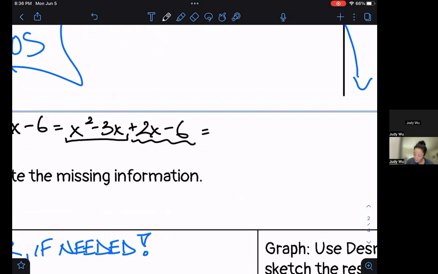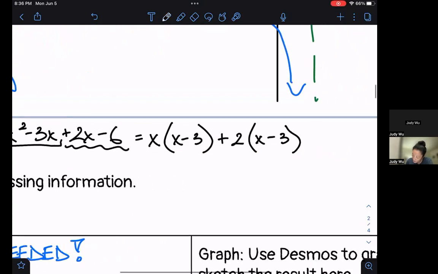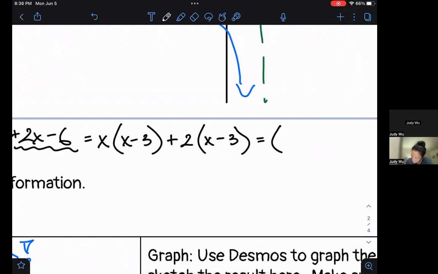All right, greatest common factor for the first two is just x, so x times (x minus 3), plus greatest common factor for the second two is 2, so we're left with x minus 3. Now remember, x minus 3 and x minus 3, those should match, right? When they match, we know we factored correctly. Now we've got one last step, and that is to bring the x minus 3 to the front.